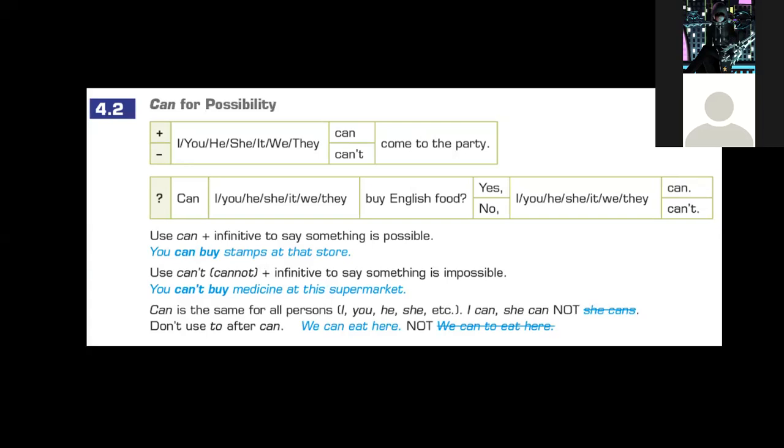Because as I'm telling you, I don't need to change anything. It's gonna be can for every single subject. Because, for example, we have to modify it with the third person of the singular. Instead of saying do, I have to say does or doesn't in the negative. But when we're talking about can is can for every single one.